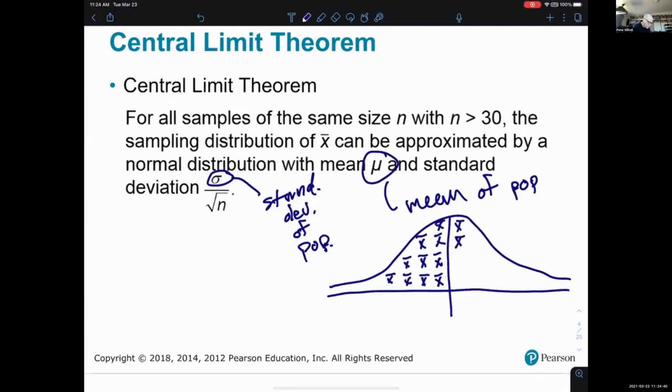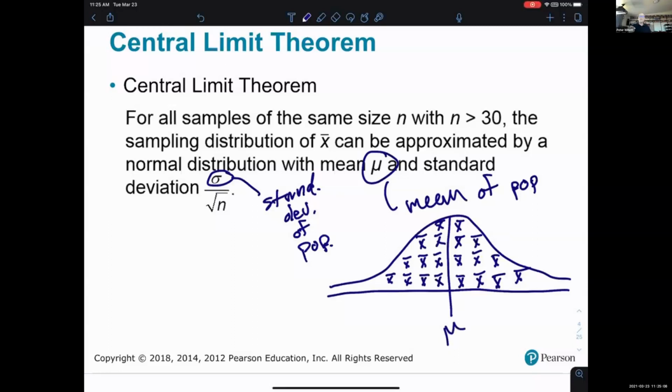So every one of these little X bars that I'm drawing is a mean of a different sample. And if you look at the means of all the different samples and you form a distribution with those, this theorem says it can be approximated by a normal distribution. And that the mean of the sample means is the population mean.